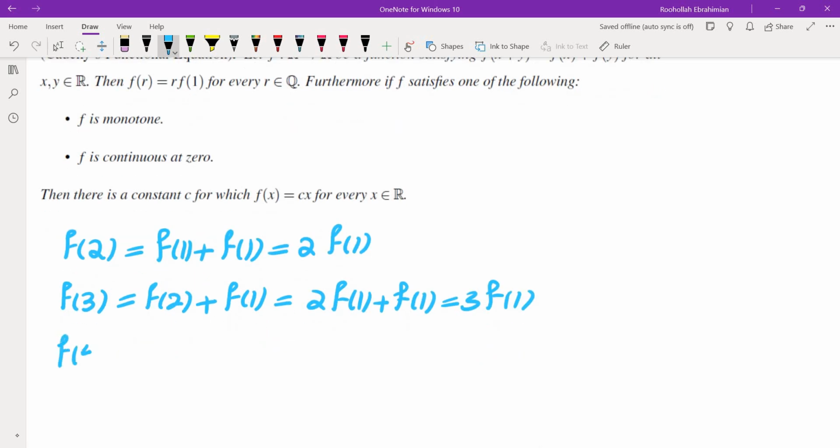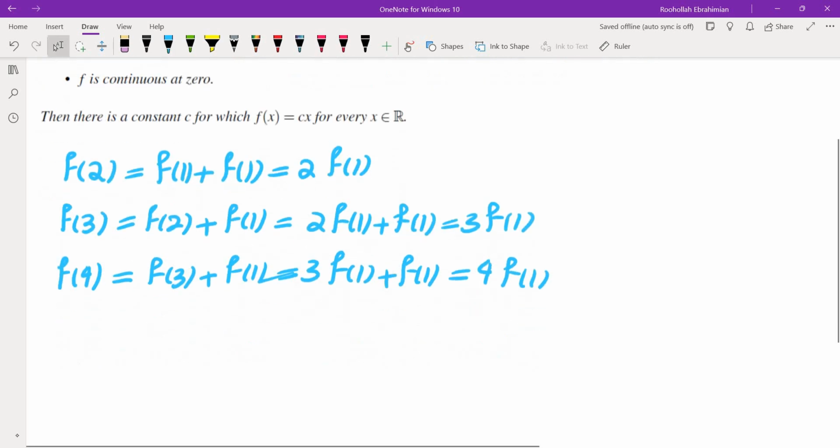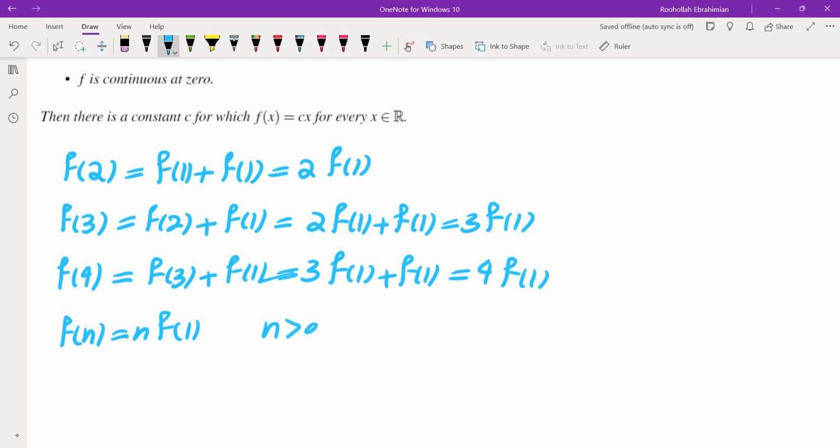And if I substitute x and y by 3 and 1, I get f of 3 plus f of 1 for f of 4, and that's exactly what I wanted. So we can do this over and over, and we'll get f of n equals n f of 1 for n positive.